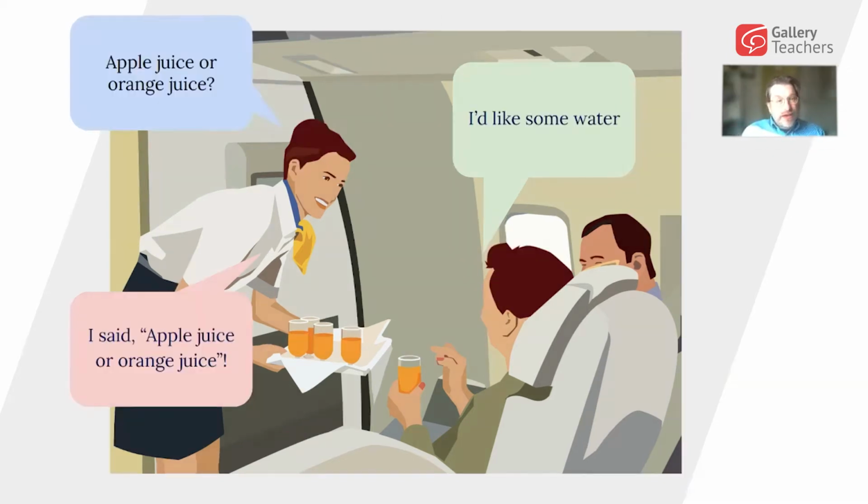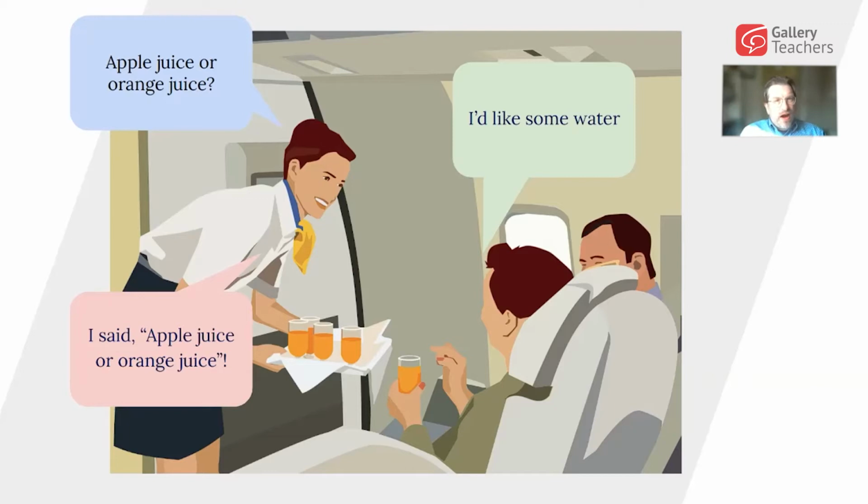So finally, think about how flight attendants speak. They have a particular intonation. They would say something like apple juice or orange juice. And that intonation indicates that you have options, but you could also say no, or you could ask for something else like water.